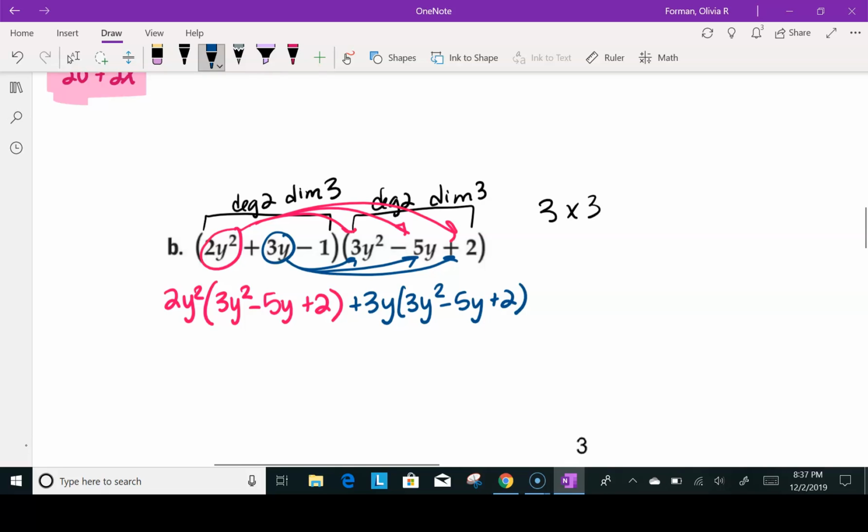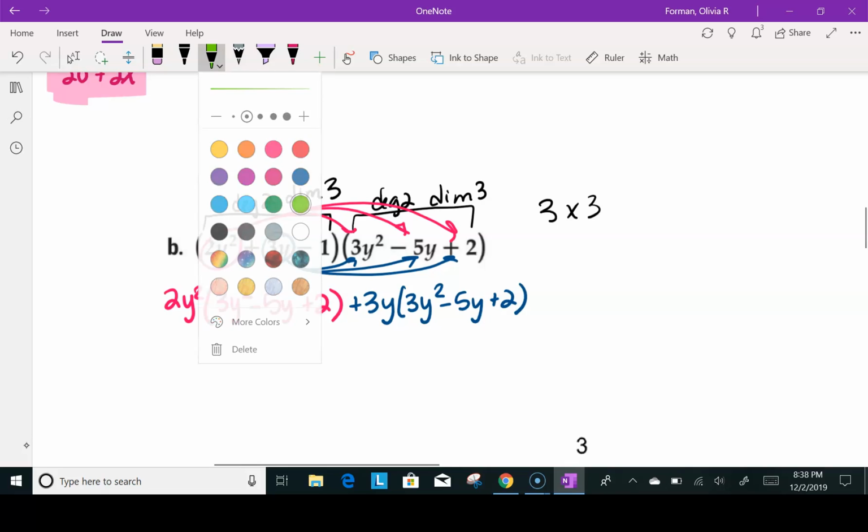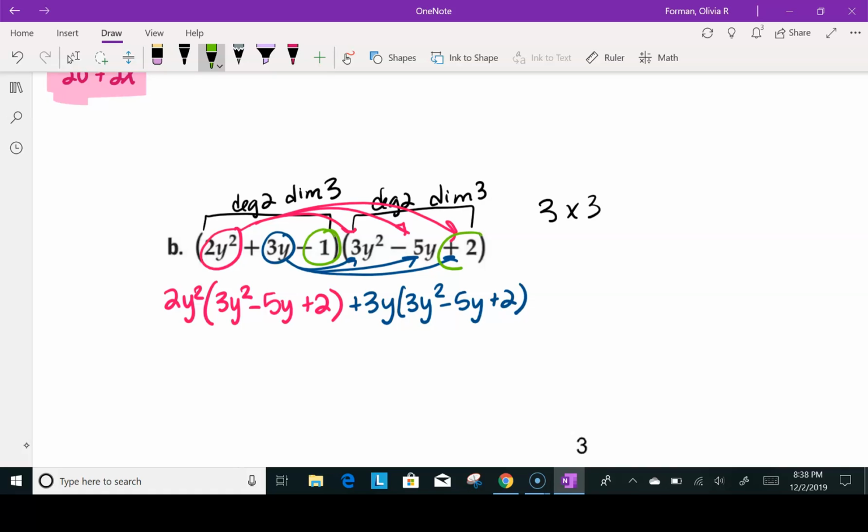And then my last one is looking at this -1, going to all 3 terms. So I say -1 times 3y squared minus 5y plus 2.